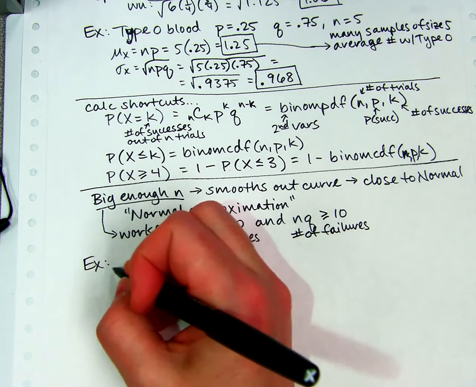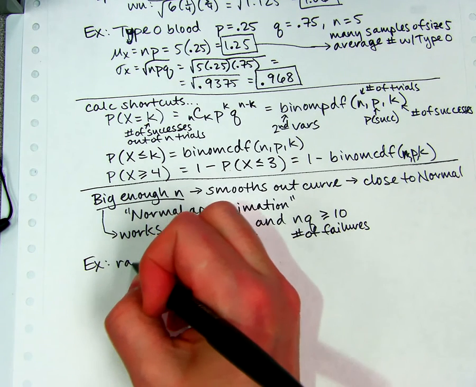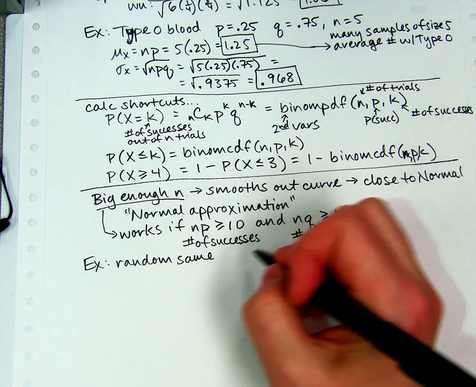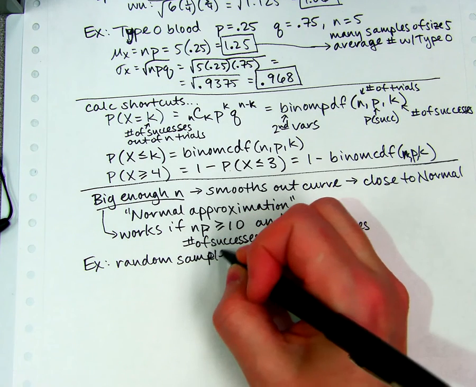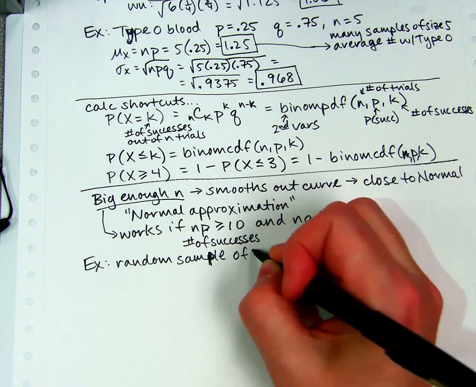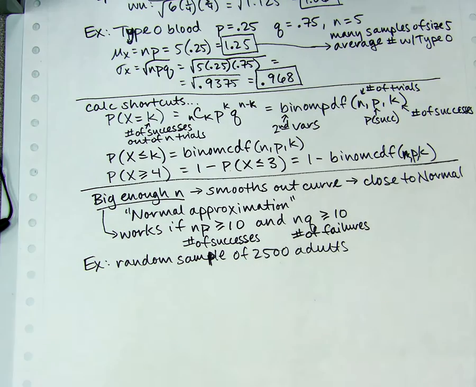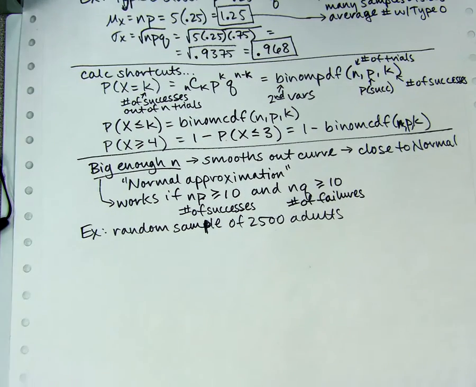But let's say we're back to random sampling again, and we take a random sample of 2,500 adults. That's big. And let's say we ask them a question, and I don't even care what question it is.